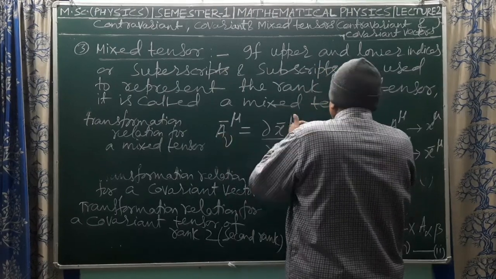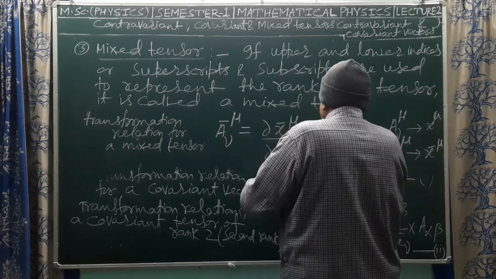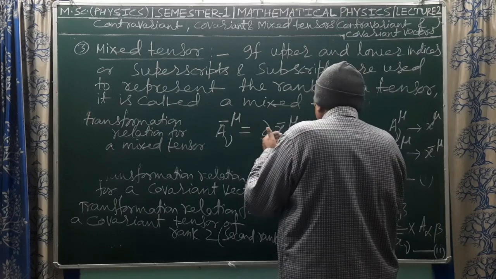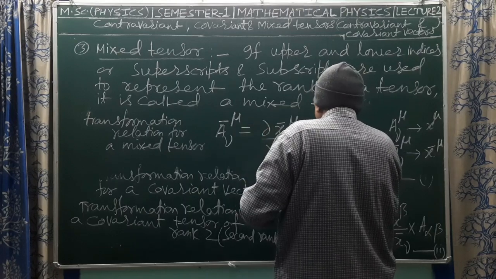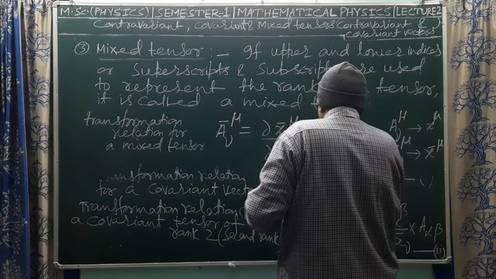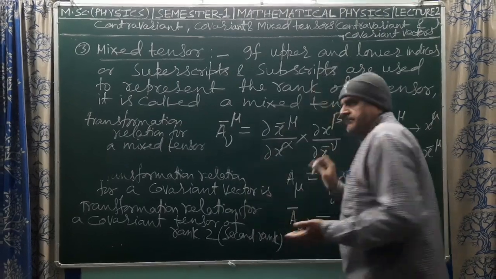So it is del x for covariant index. We can write del x beta in the numerator, and in the denominator it is del x bar to the power nu.